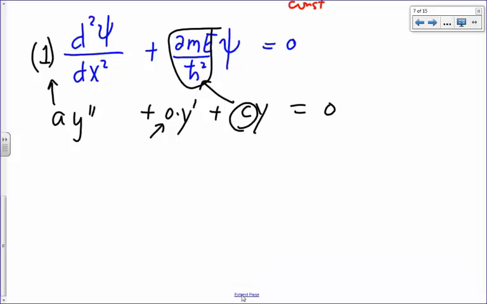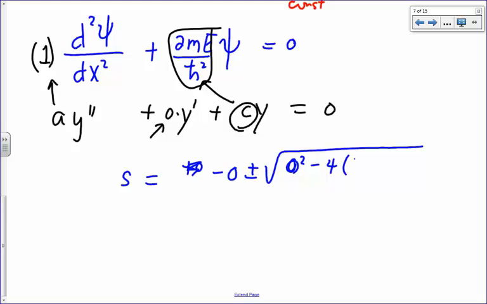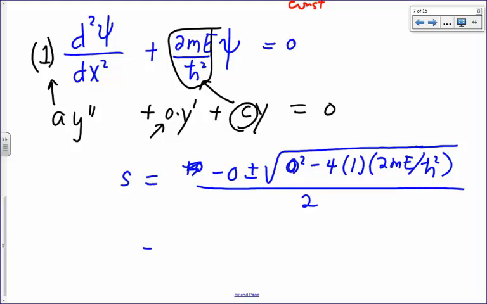So what's the general solution to this? What's our s? S equals negative 0 plus or minus the square root of 0 squared minus 4 times a times c, where c is 2mE over h bar squared, divided by 2.